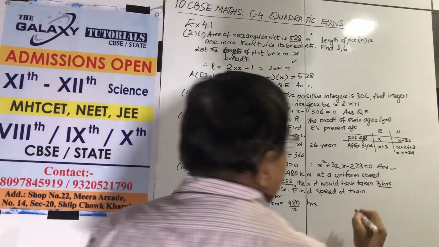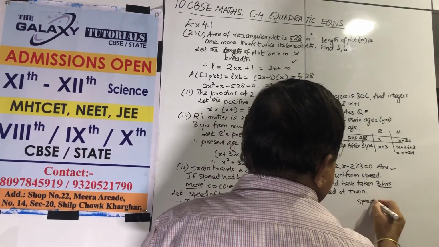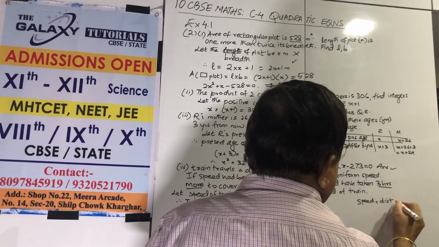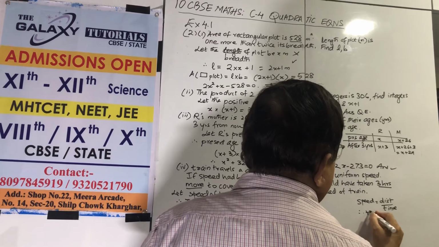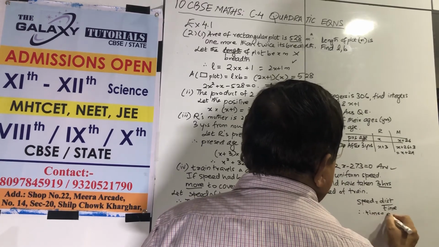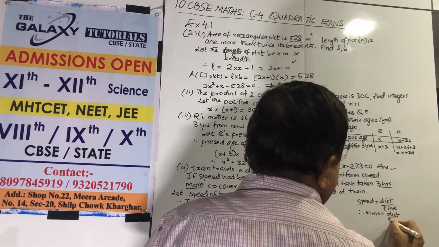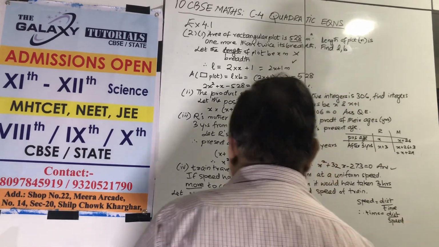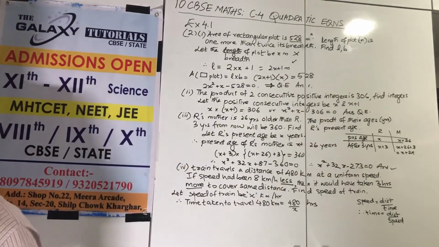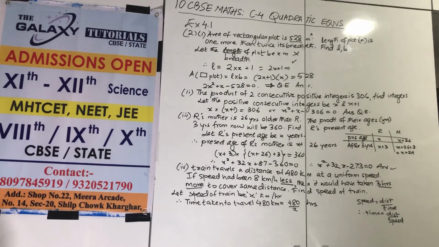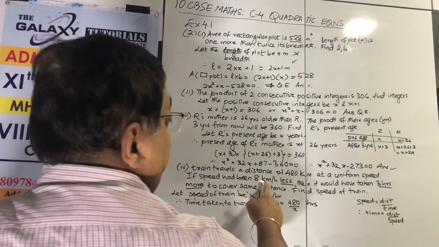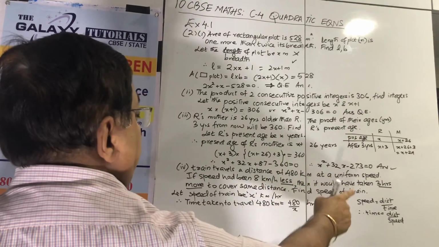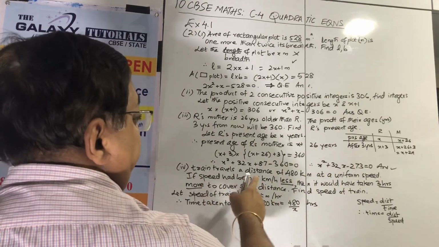How did I get this? Speed is distance upon time, distance covered upon time taken. Therefore, time is distance covered upon speed. Don't forget from physics. Okay, so this is how I get time taken. Why do I need time taken? Because they only told me it would have been 3 hours more if the speed changes.